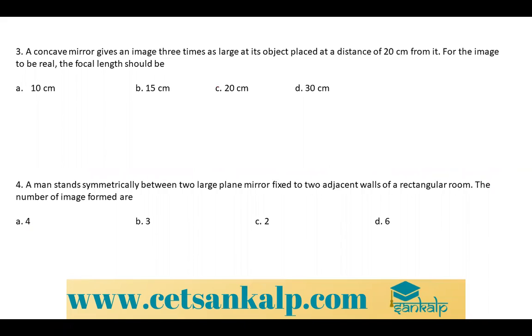A concave mirror gives an image 3 times as large as its object placed at a distance of 20 centimeter from it. For the image to be real, the focal length should be... Okay, so you know that M they given us, it's a concave mirror ಆಗಿರೋದ್ರಿಂದ, so M is equal to -3.